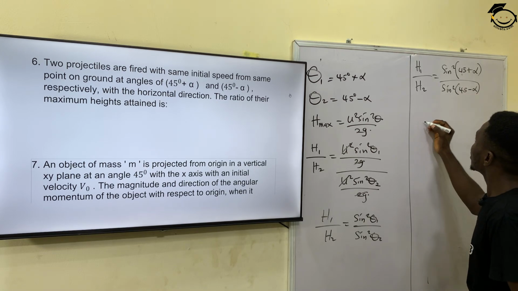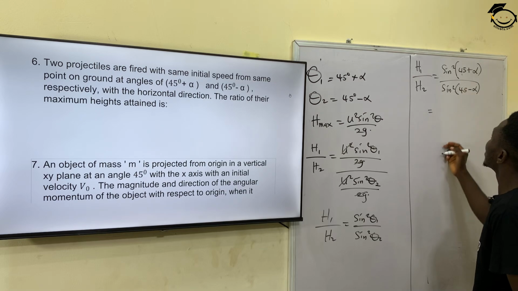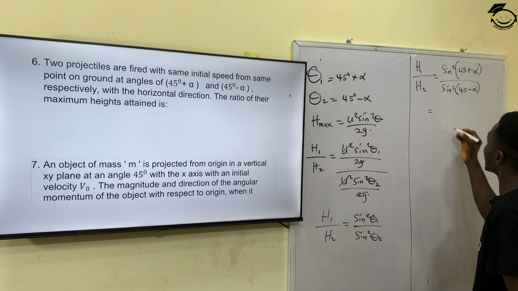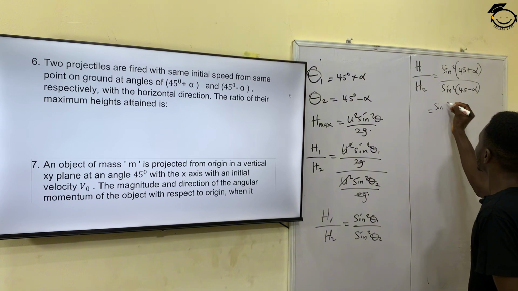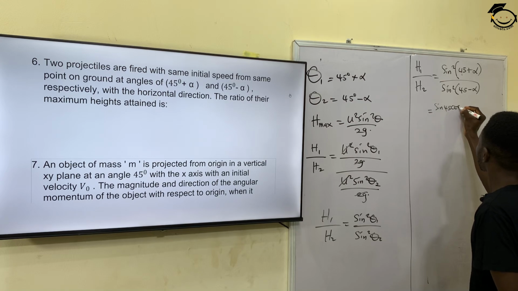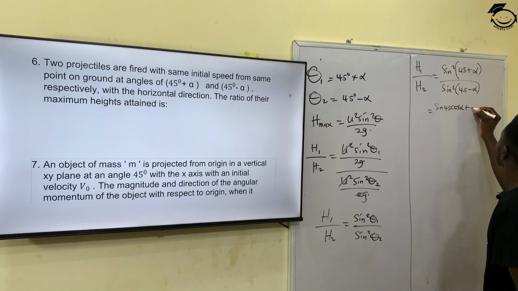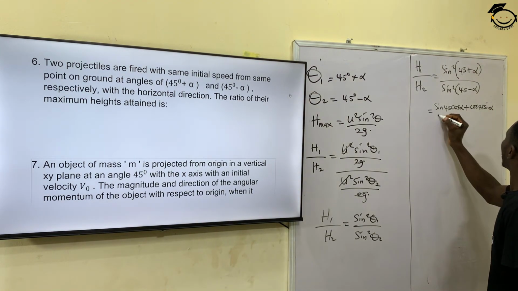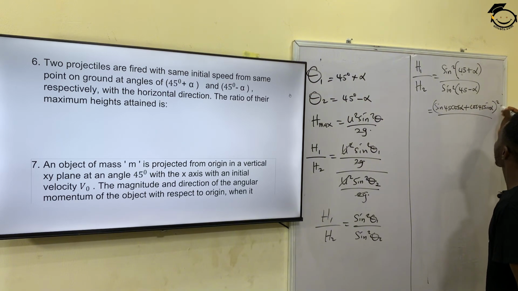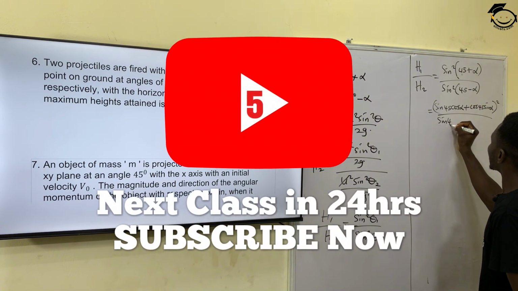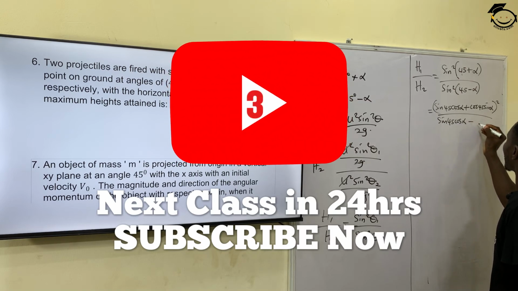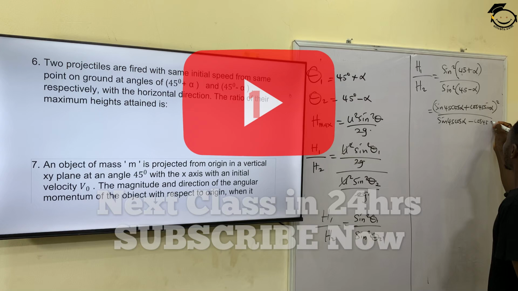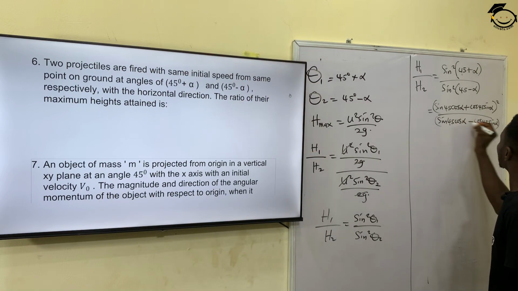I know that sine of 45 plus alpha is supposed to give me sine 45 cos alpha plus cos 45 sine alpha, all over, this is now squared, sine 45 cos alpha minus cos 45 sine alpha, squared.